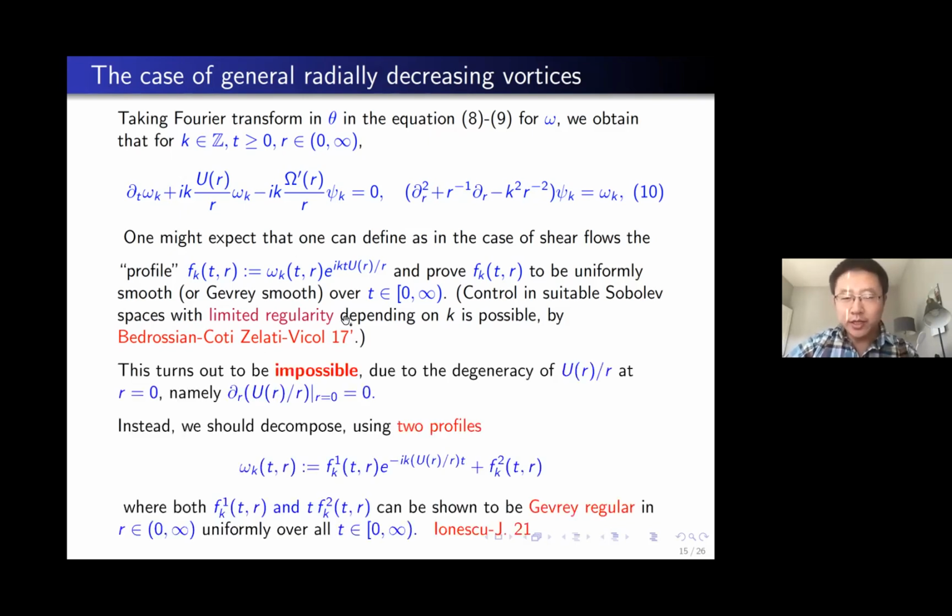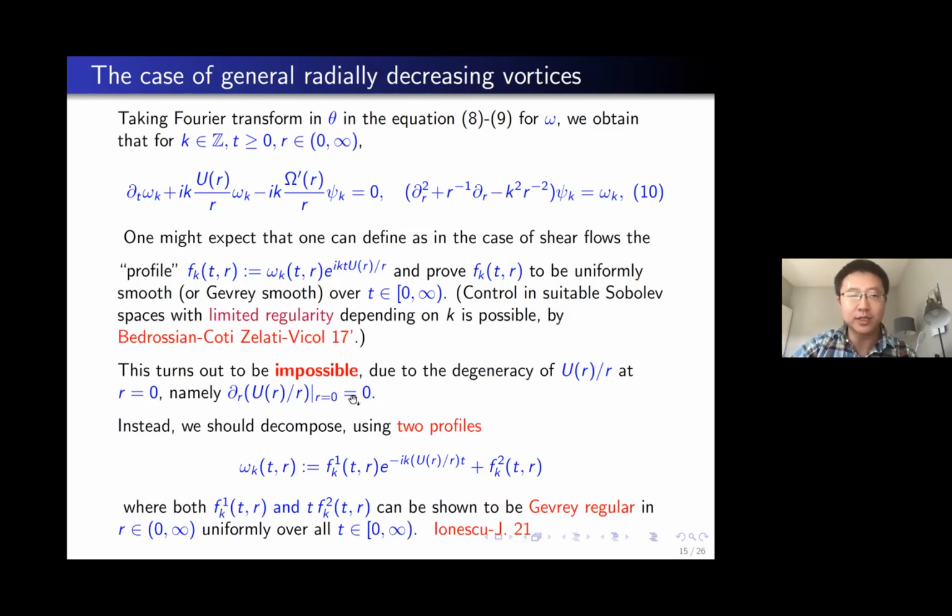Actually, in the work with Alex, we found that in fact this is impossible. So you cannot control f_k in a smooth norm in r for all times. This is due to the degeneracy of U_r over r. If we assume omega(r) is a natural object, like a smooth, fast decaying function, then automatically this condition is satisfied: partial_r (U_r/r) at r equal to 0 is equal to 0.